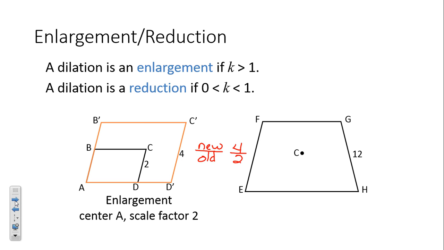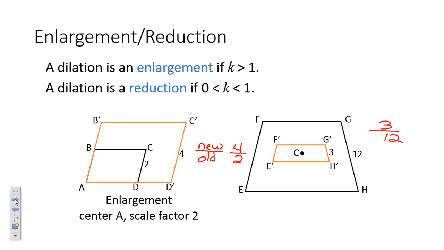Here's a new figure, trapezoid. GH has a length of 12. That's the pre-image. G prime H prime has a length of 3. Sorry, new divided by old is always what you're looking for here.